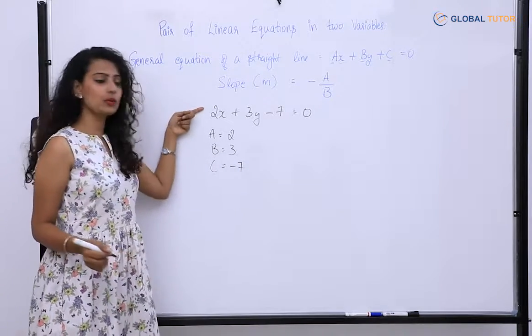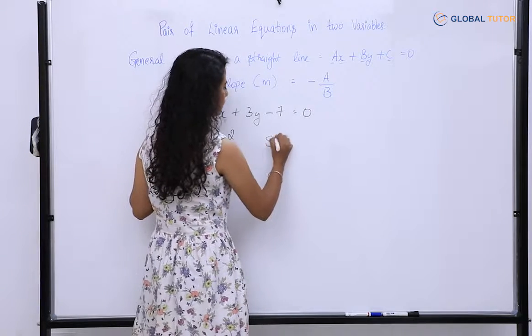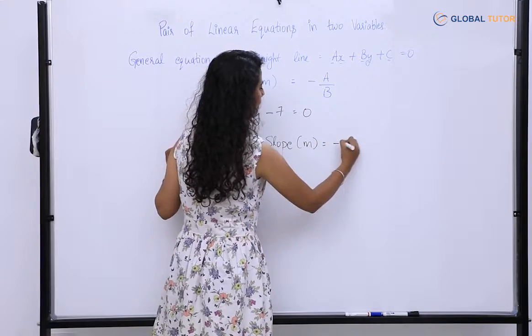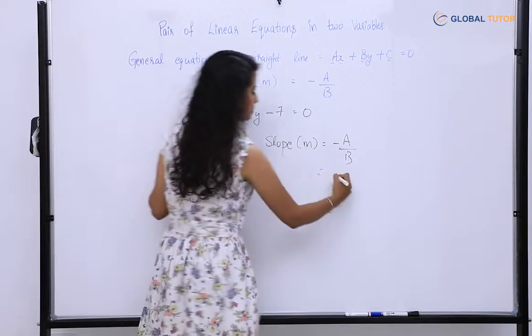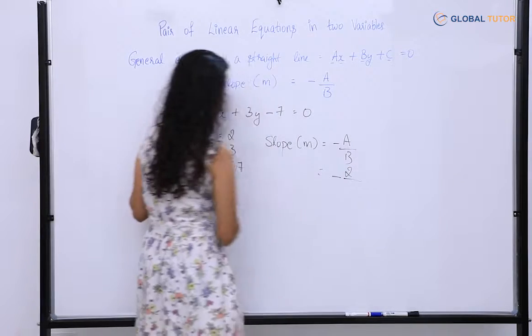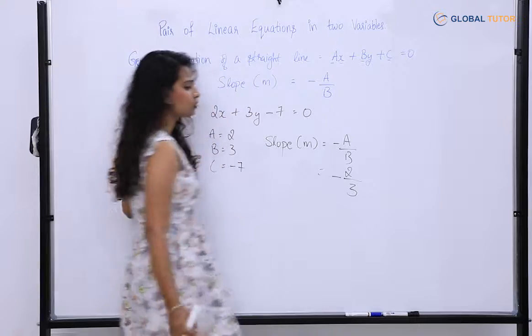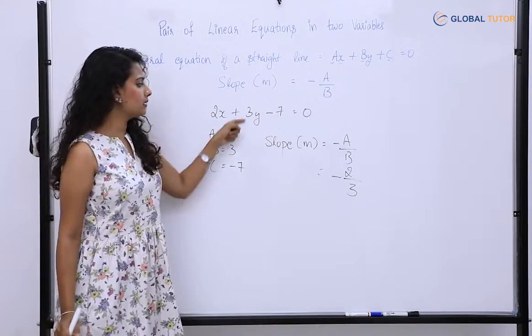So using this equation, we can also find slope. So what is slope? Slope m is equal to minus a by b. So here a is 2, so minus 2 divided by b is 3. So slope is minus 2 by 3 in this case where we have this equation 2x plus 3y minus 7 is equal to 0.